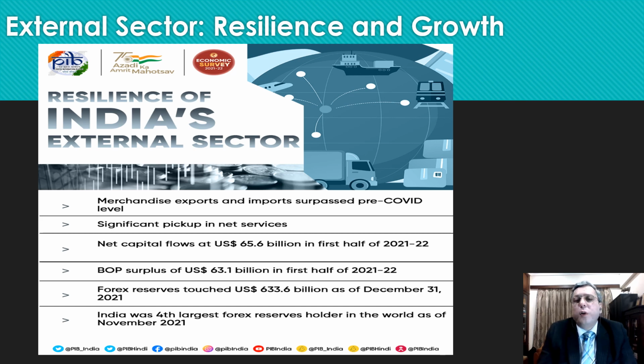We have more foreign reserves than that. So that gives a lot of leeway to the policymakers, and it gives strength to the country's rating and stability. When the rating agencies look at the country, they see this strength embedded in the Indian balance sheet.